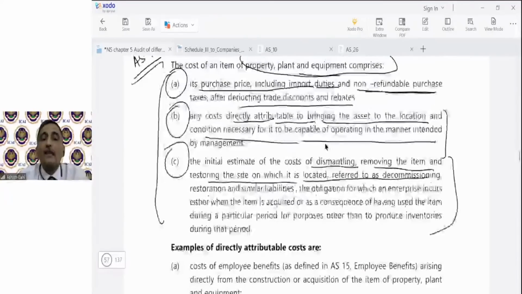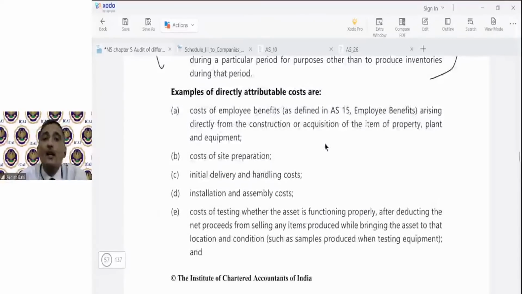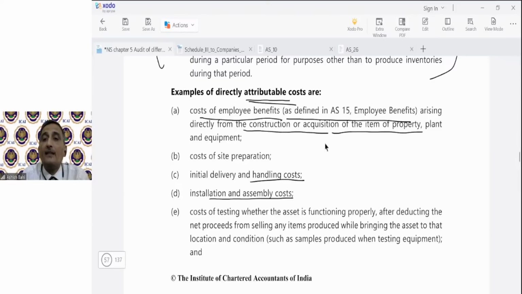So these are elements of the cost. ये तो cost के पार्ट हैं जो कि आपको कैपिटलाइज करने ही करने हैं. और कुछ एक्सपेंसेस जैसे डायरेक्टली एट्रीब्यूटेबल कॉस्ट हैं, मान लीजिए हैंडलिंग कॉस्ट, इंस्टॉलेशन कॉस्ट, या कोई आइटम मशीनरी की सेल्फ कंस्ट्रक्टेड है तो इंप्लॉइज को जो पेमेंट की है वेजेस उसको बनाने के लिए, वो वाली कॉस्ट. कॉस्ट ऑफ टेस्टिंग, जो मशीनरी को टेस्ट करने के लिए खर्चा है.